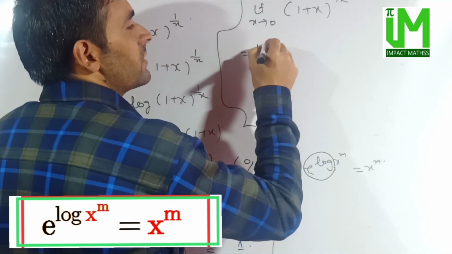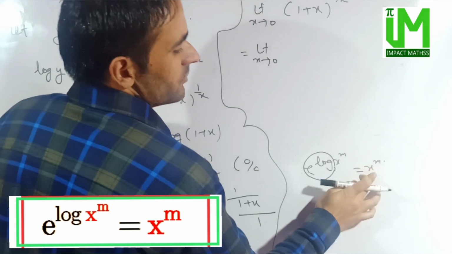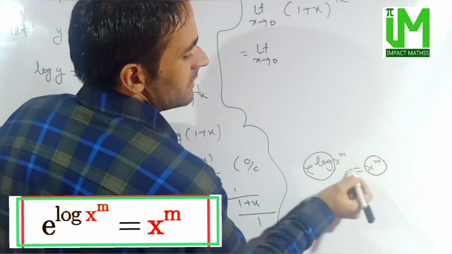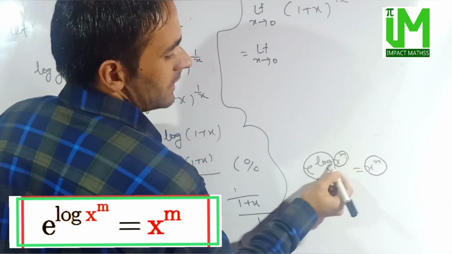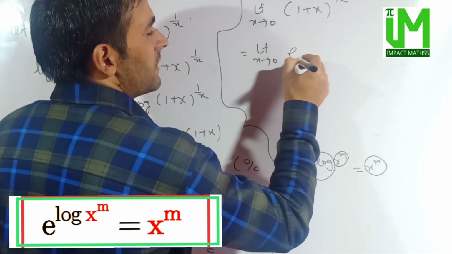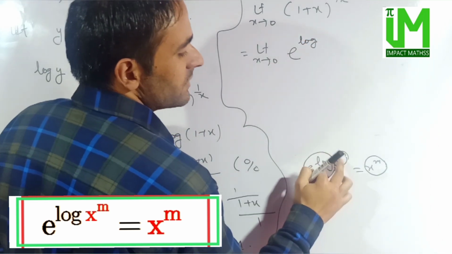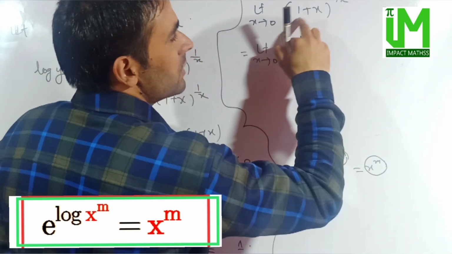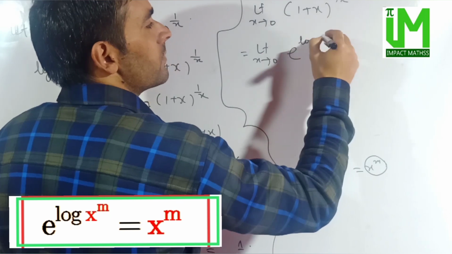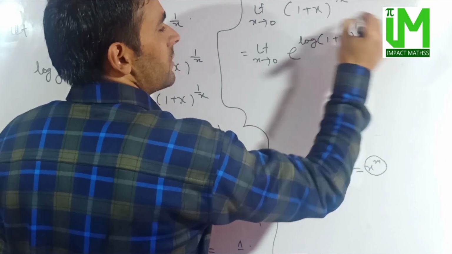So we can write here limit x approaches 0. So (1 plus x) raised to power m को हम ऐसे लिखते हैं, x raised to power m and then e raised to power log of x. So we can here write this as e raised to power log of, अब x raised to power m की जगह (1 plus x) raised to power 1 by x.